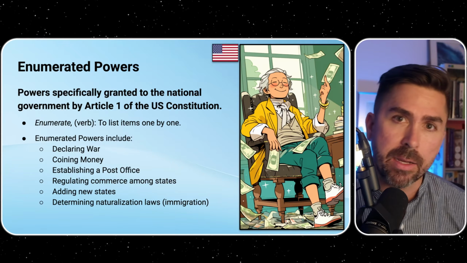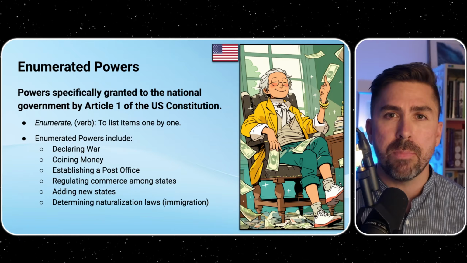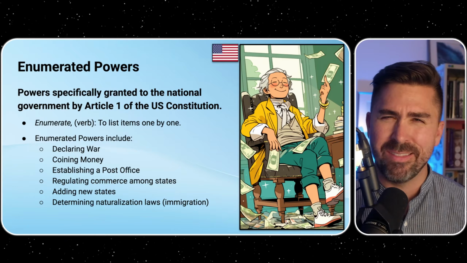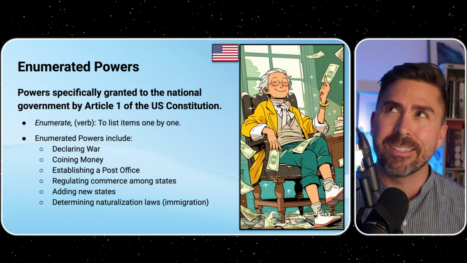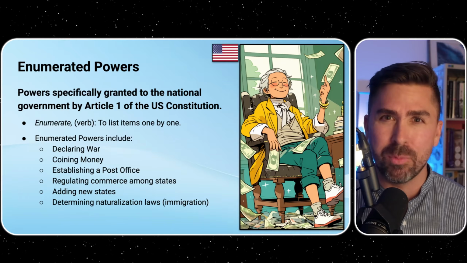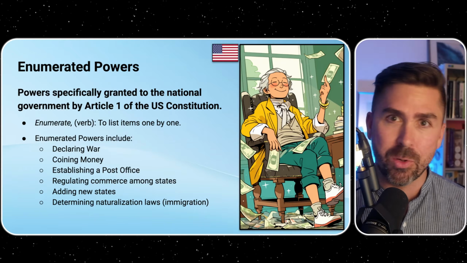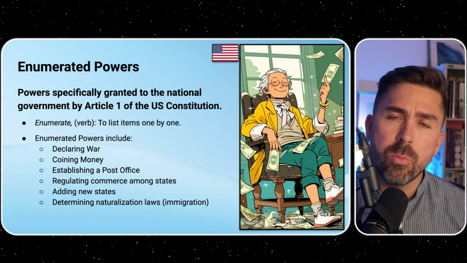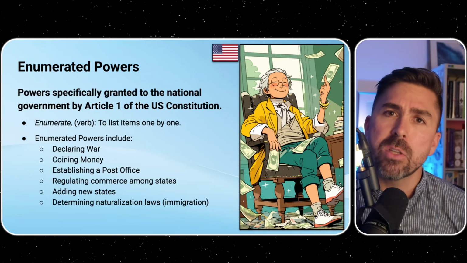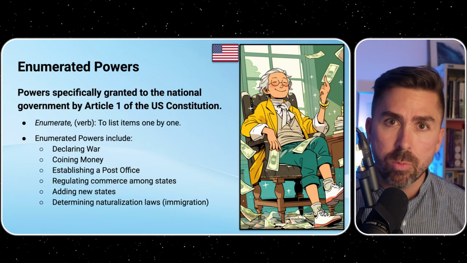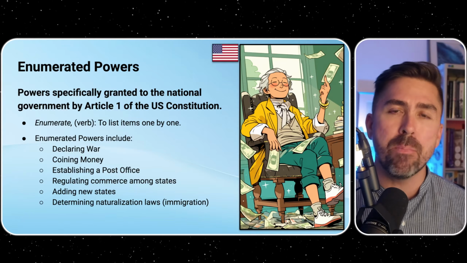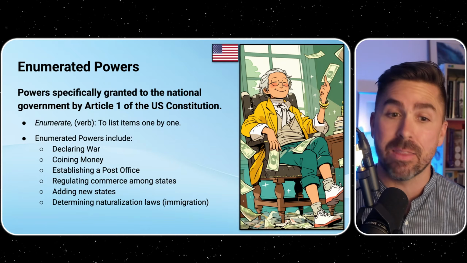We'll get to that in just a second. But first, what does it mean to enumerate? That word kind of sounds like numeral. You guys probably learned Roman numerals when you were in elementary school. What is a numeral? It's a number. So to enumerate something is to make a numbered list. You're actually listing things out.